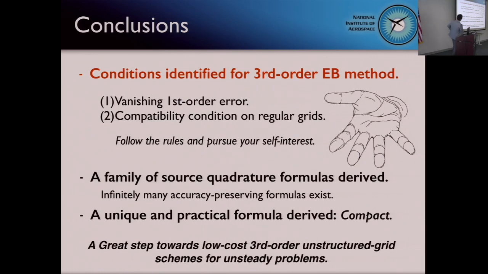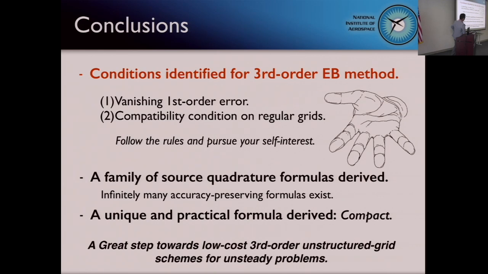So the family of source quadrature formulas was derived, and surprisingly, there are infinitely many formulas. And then we were able to pursue our self-interest for the source term and derive unique and practical formulas, and that was the compact formula. And this is a great step towards low-cost third-order unstructured grid schemes for unsteady problems. Because now we don't have to compute and store those big second-order derivatives.